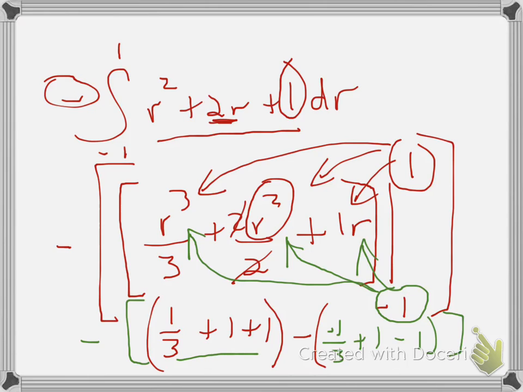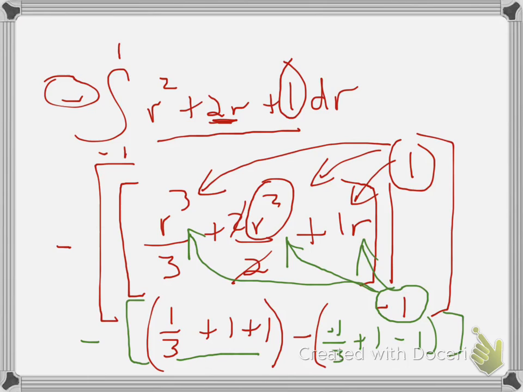So on this side of the game, you see 2 1/3. So I'll just write that here. So 2 1/3. We can go back between the slides. 2 1/3. And on this side of the game, well, 1 minus 1, that cancels, and then you have minus -1/3, which is +1/3.